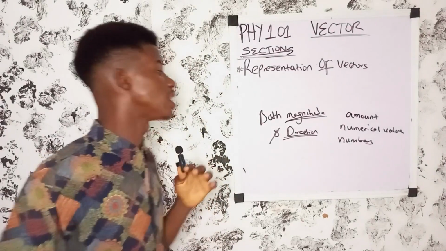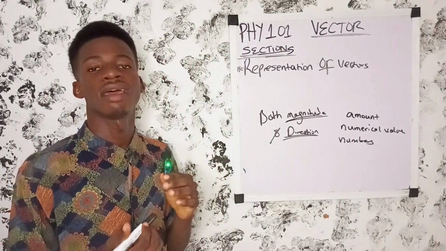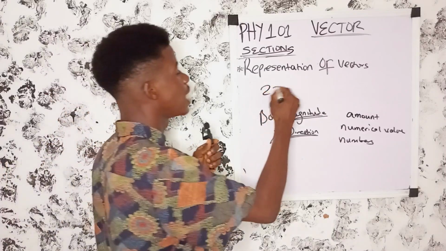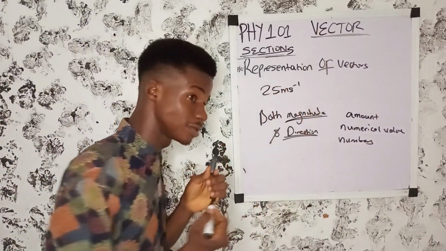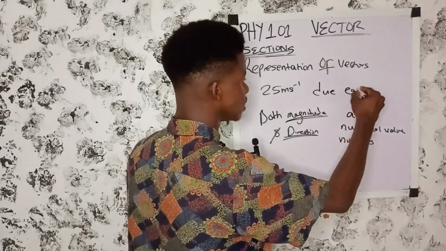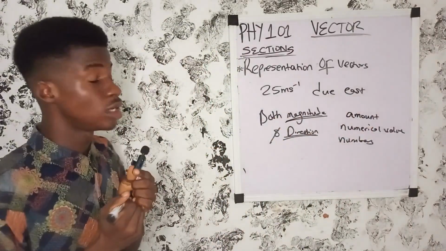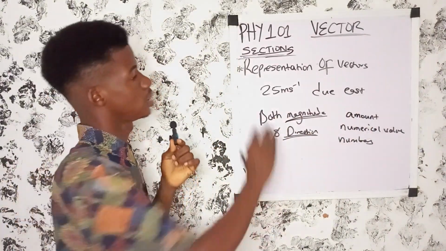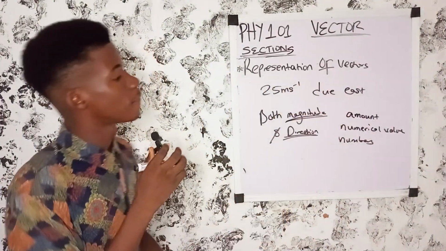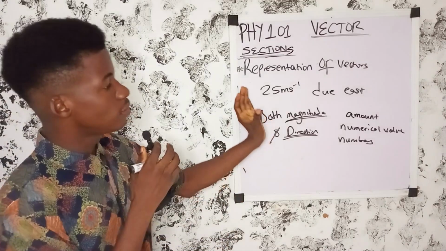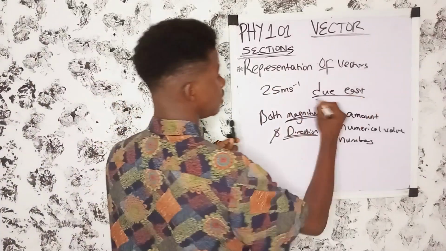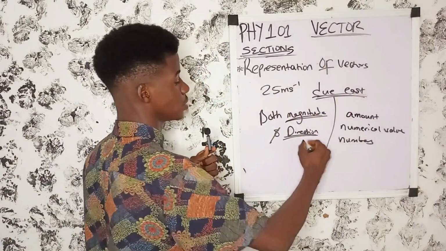Now let me break it down for you. For example, a car was moving with a velocity of 25 meter per second due east. If you look at this illustration, due east signifies the direction.